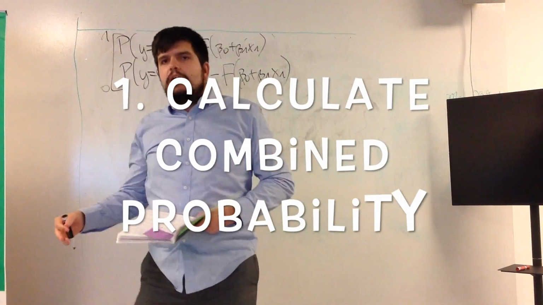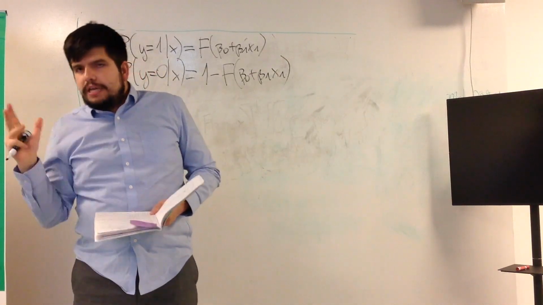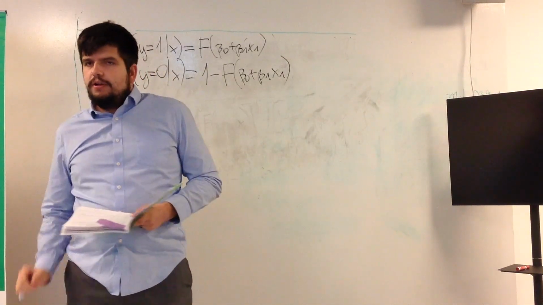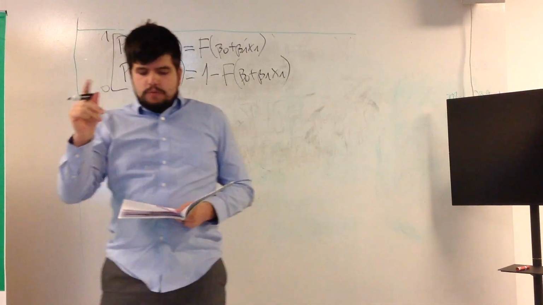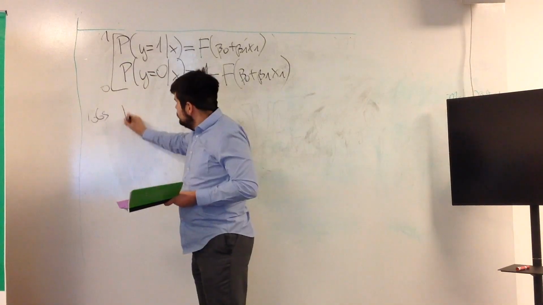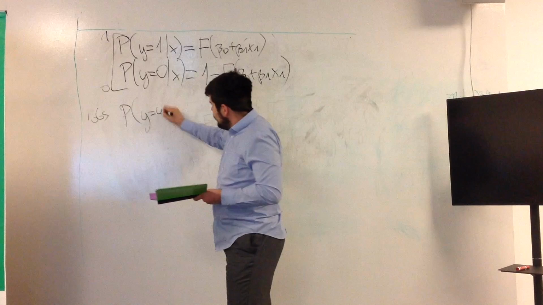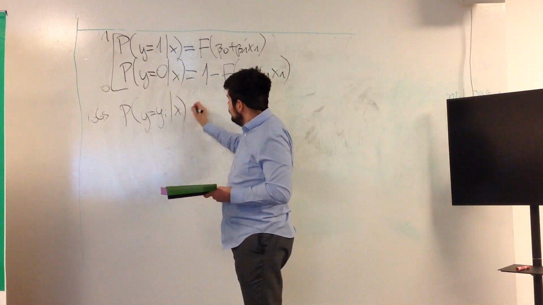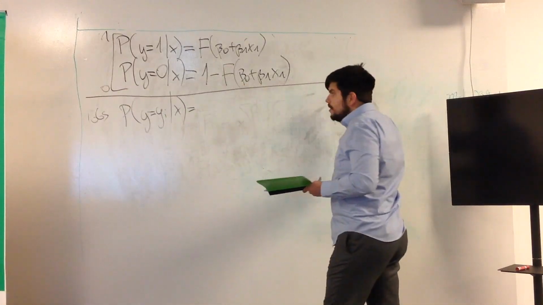My first step will be to calculate the combined probability for one observation. What is the combined probability for one observation? The probability of y equals yi given x. Okay?